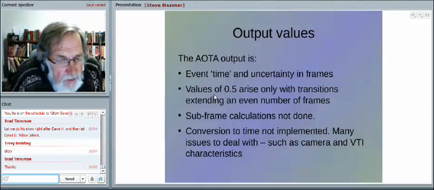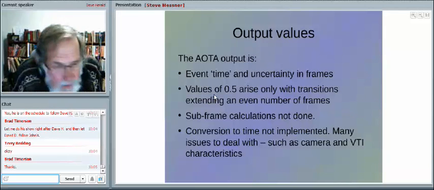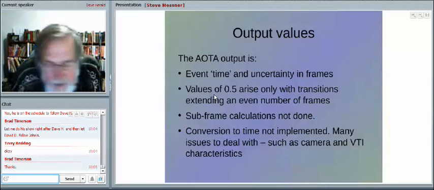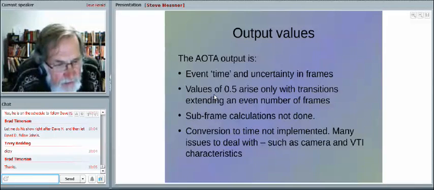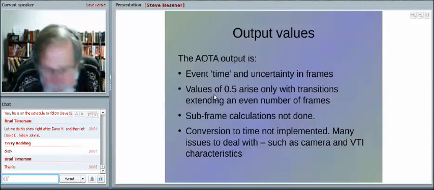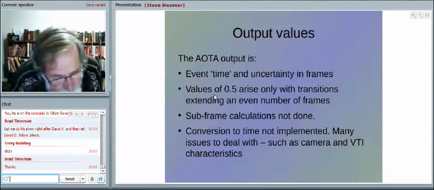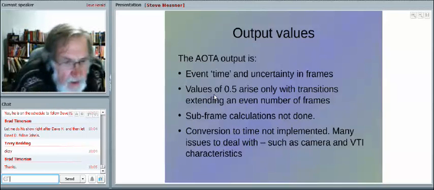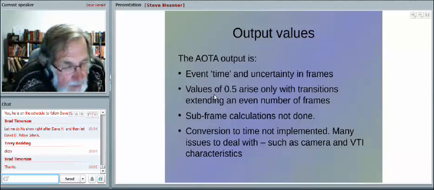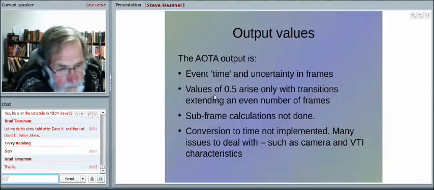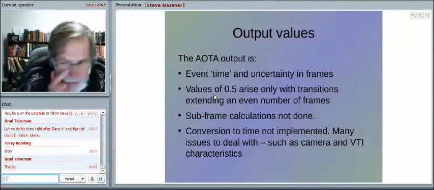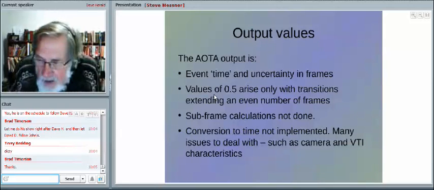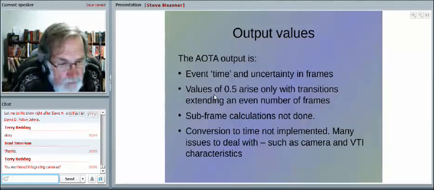That's the basis of any output that I generate. I don't get into doing subframe analysis. Values of half a frame arise because if you have a transition occurring over an even number of frames, then the midpoint will be halfway through a frame. But that's the only basis I go into subframe analysis.